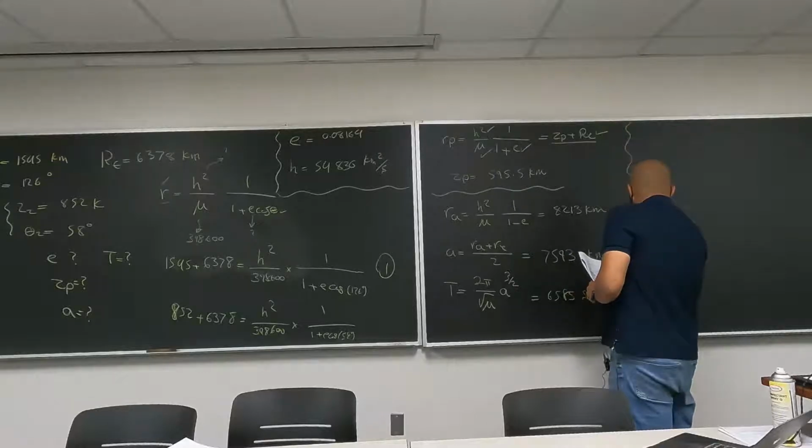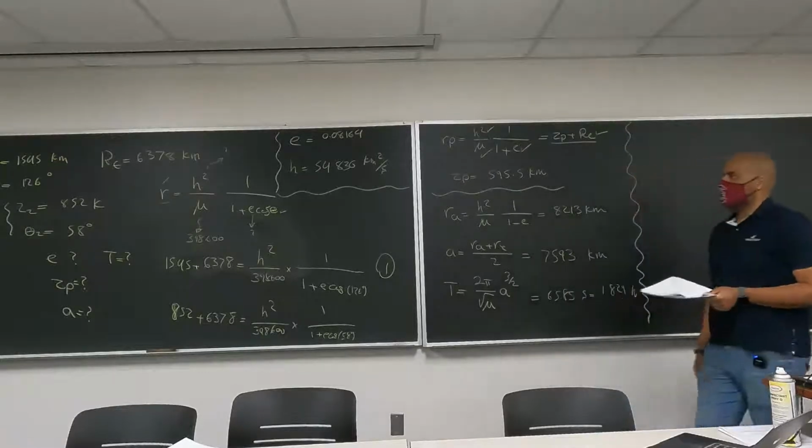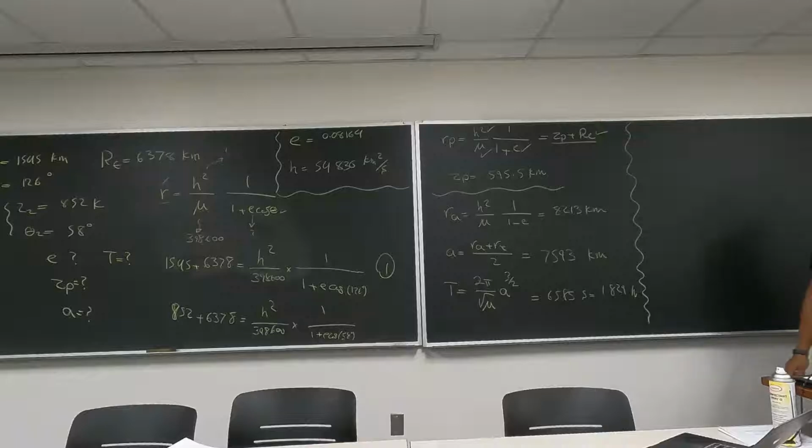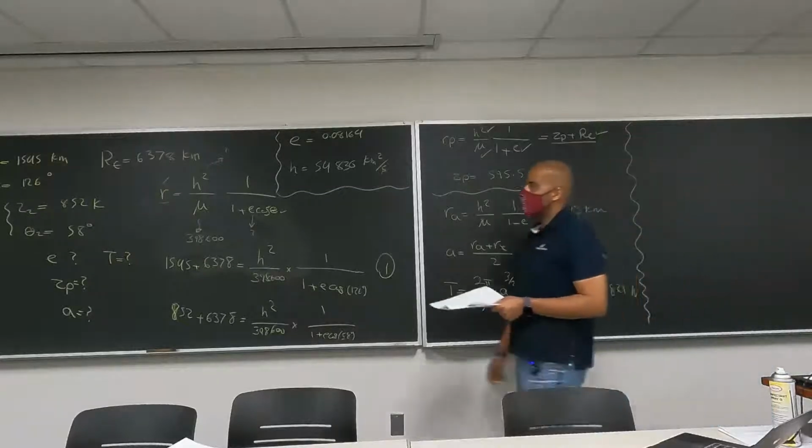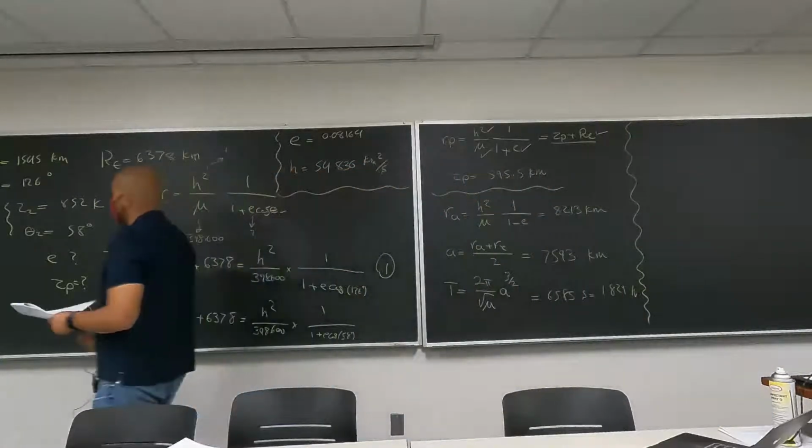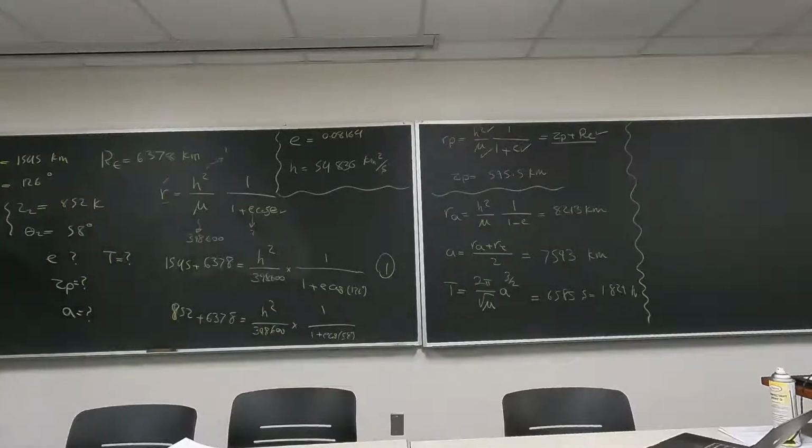Okay, so the point of this example was to make sure you understand what is given to you. This Z1 and theta 1, Z2 and theta 2 are not the perigee and apogee, right?